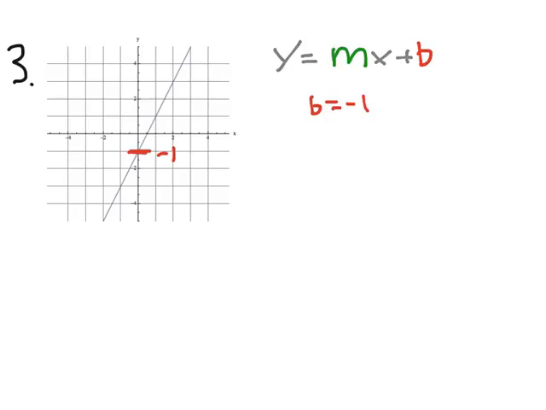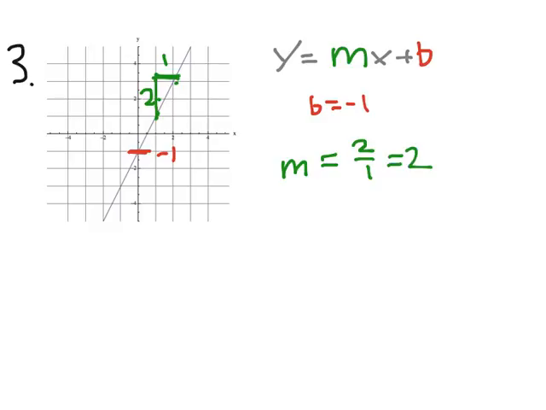To find the slope, I'm going to pick some point on here. Let's say right here. I just have to go up 2 boxes and over 1, and I'm back on the line. So this up 2 over 1 is going to give us a rise of 2 and a run of 1. In other words, slope is rise over run, which is 2 divided by 1, which is 2.